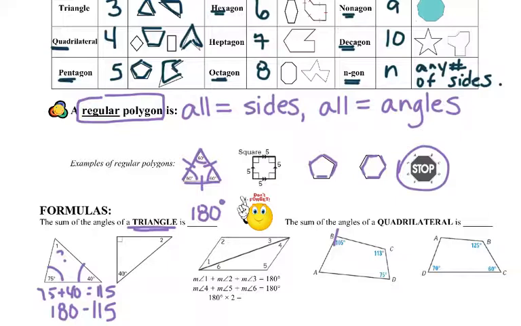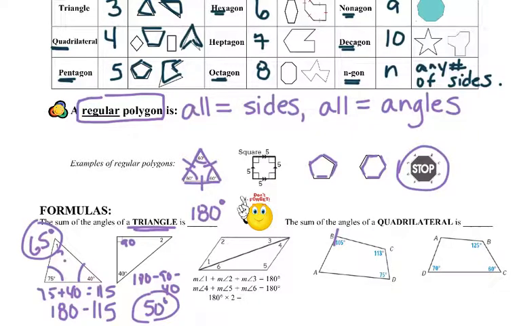And 180 minus 115 is 65. Here I've got a 90 and a 40. Those add up to 130. Or another way to do it is 180 minus 90 minus 40. If you want to do that on the calculator, that can help you get 50 degrees for the missing angle.